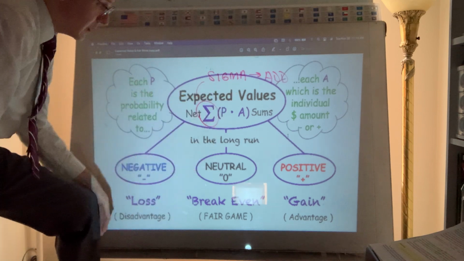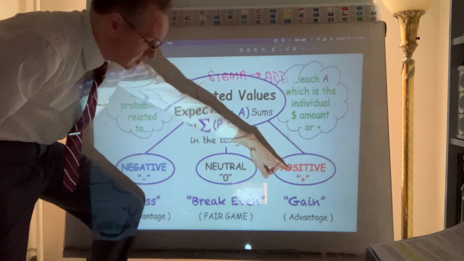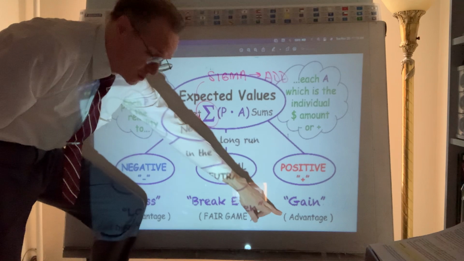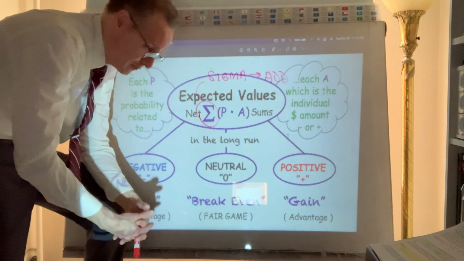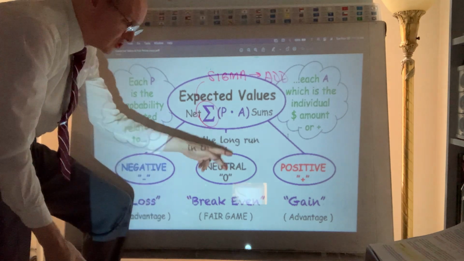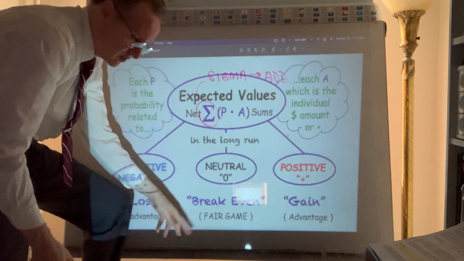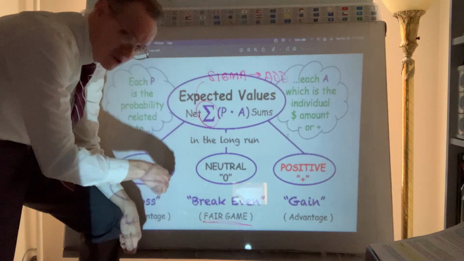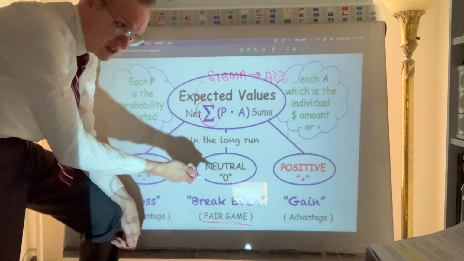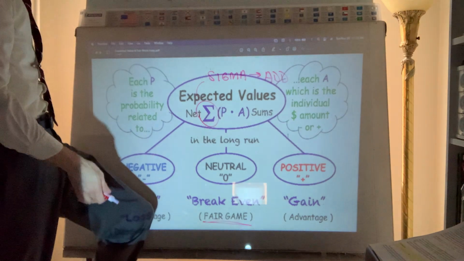If the sum turns out to be positive, then you would consider it an advantage, so you play the game or whatever is involved. If you get 0, it means you break even, which means that it's a fair game, and you neither lost nor gained anything. You just had the experience, which is kind of a gain in itself.